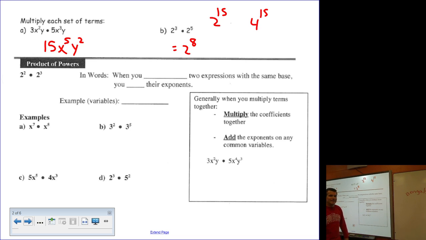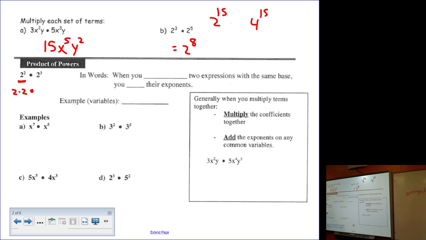Let's see why with our first rule of exponents. 2 to the 2nd times 2 to the 3rd. What does 2 to the 2nd times 2 to the 3rd actually equal? Well, we know that 2 to the 2nd power is really equal to 2 times 2. And then you've got this big multiplication sign.